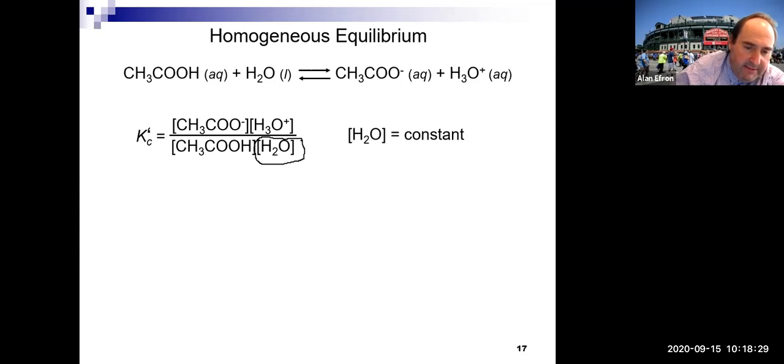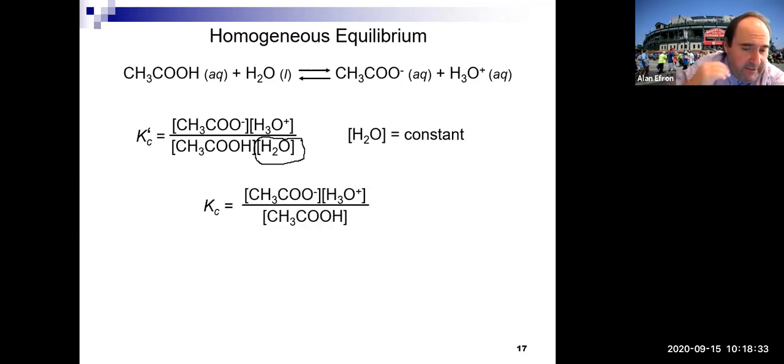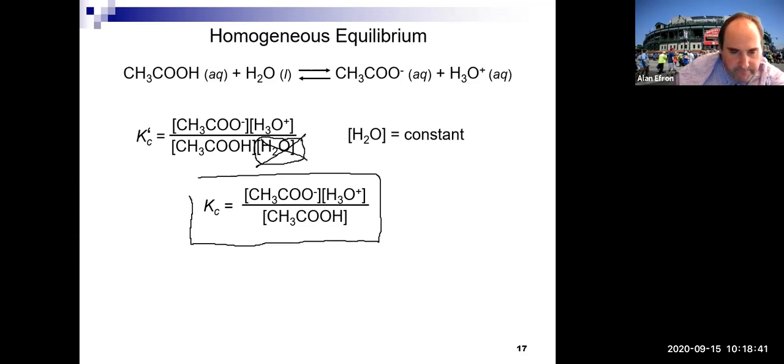And what that means is if we were to write the equilibrium expression for this particular reaction, we would not include the water. So the correct equilibrium expression for this particular reaction is our products over the reactants, but we don't really include the water.